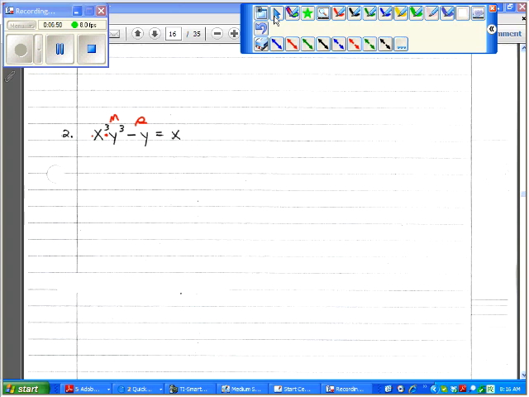The operations are multiplication and subtraction, and what's the rule for that? Well, the rule for multiplication is what? We're talking about derivatives, so what's the rule for multiplication? Derivative of the first times second plus derivative of second times first. Good, so first times derivative of second plus second times derivative of first, or vice versa.